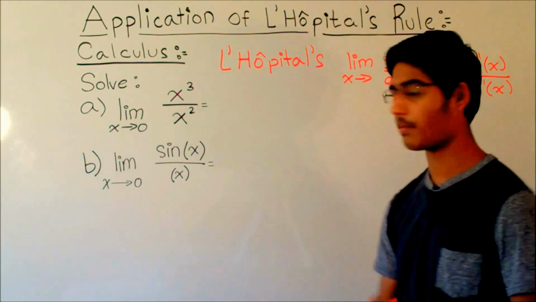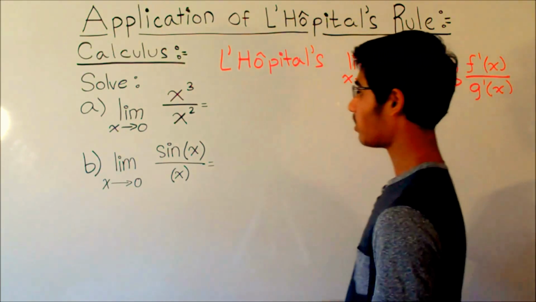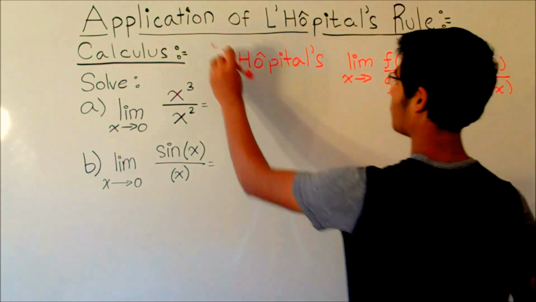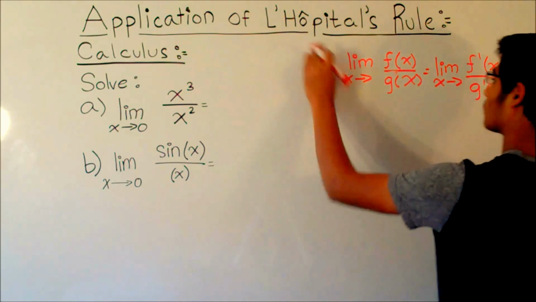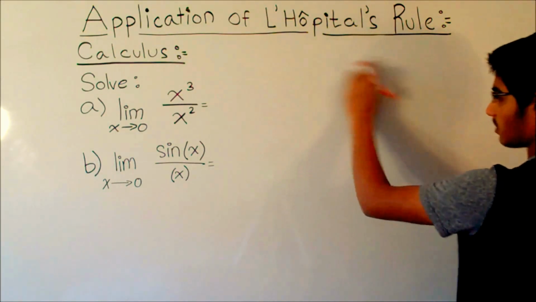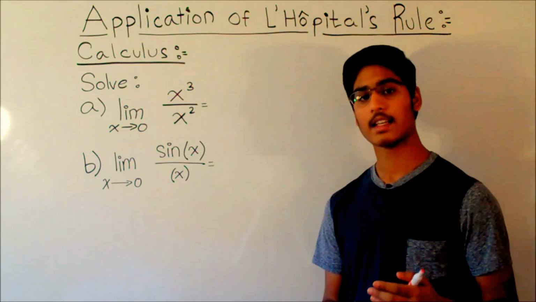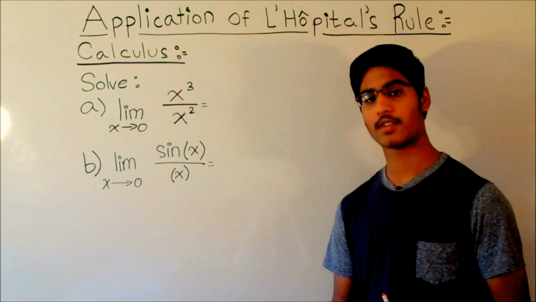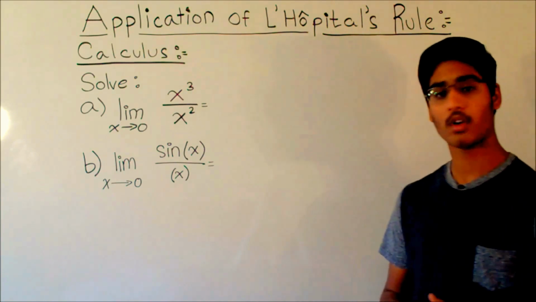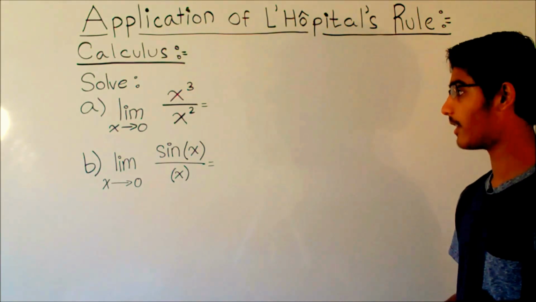So let's use that to solve problem A. In problem A, we have x cubed over x squared. Basically, L'Hopital's rule states that if the limit as x approaches some value is infinity over infinity, negative infinity over negative infinity, or 0 over 0, which are all indeterminate forms, then that is equal to the limit of the derivative of the numerator over the derivative of the denominator.